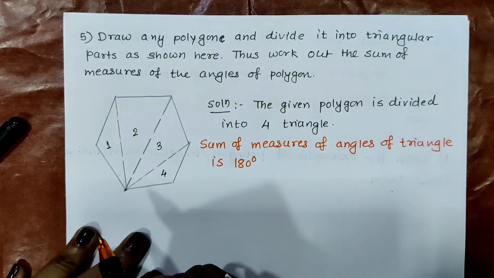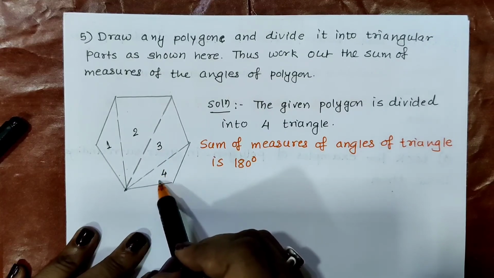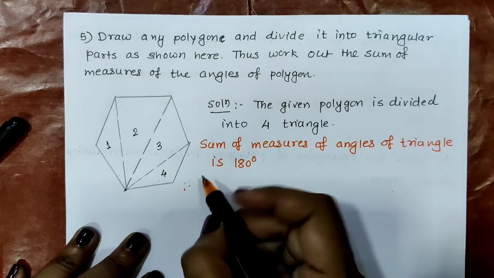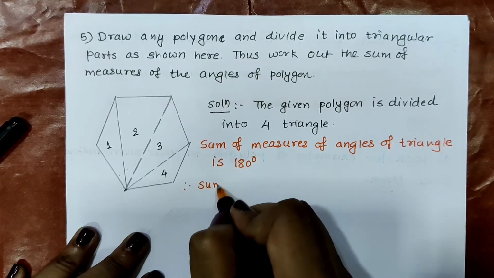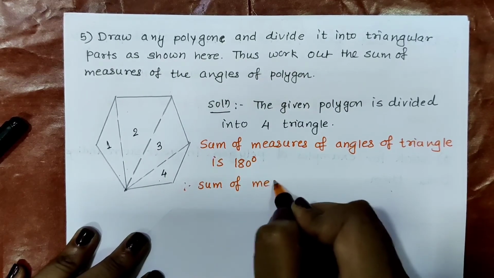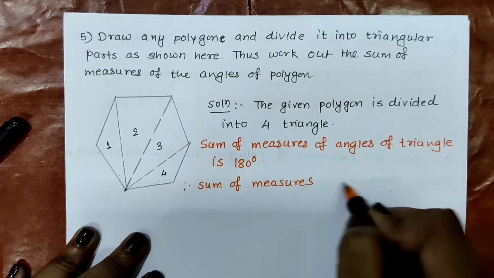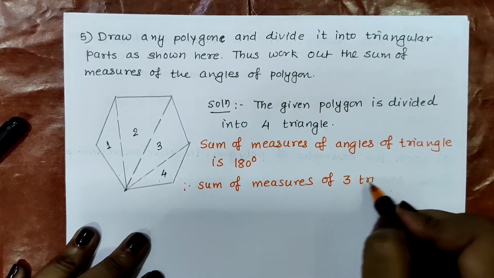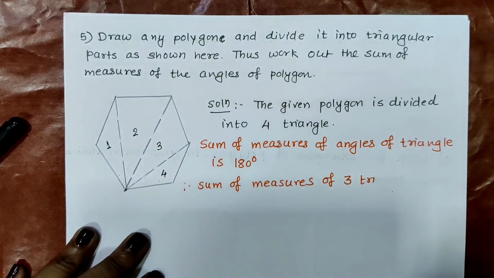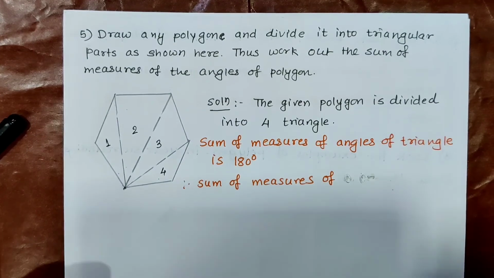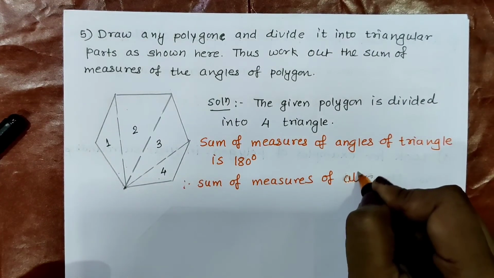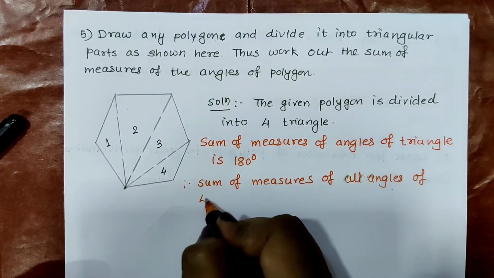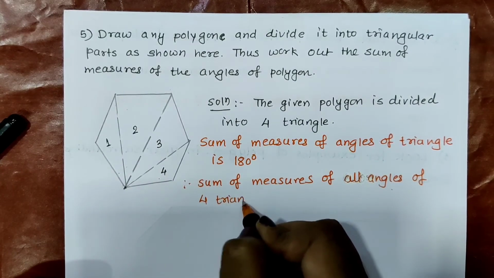We will have to either add all these measures or multiply by 4. Therefore, sum of measures of all angles of four triangles.